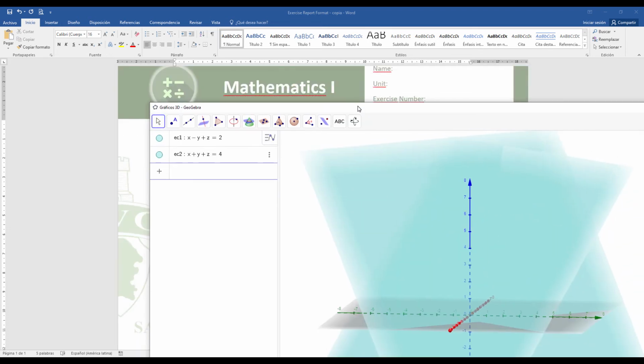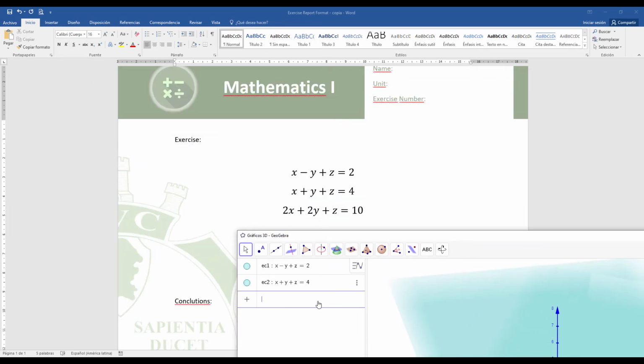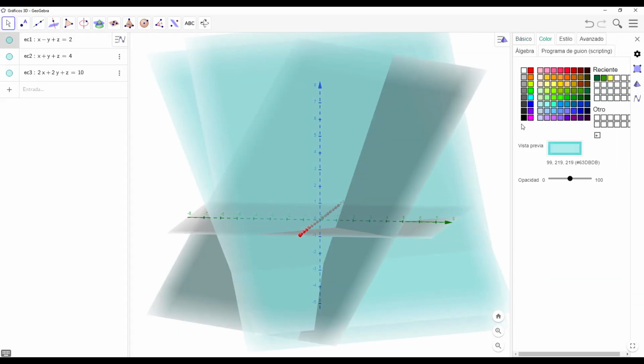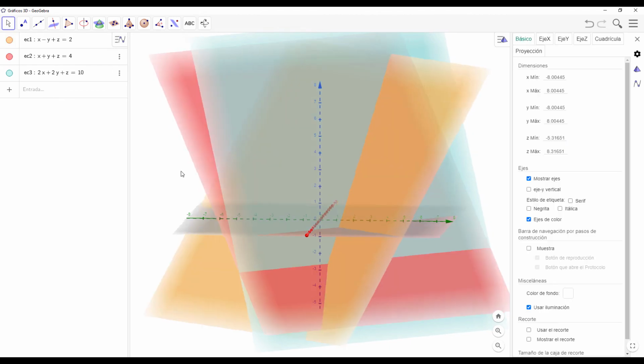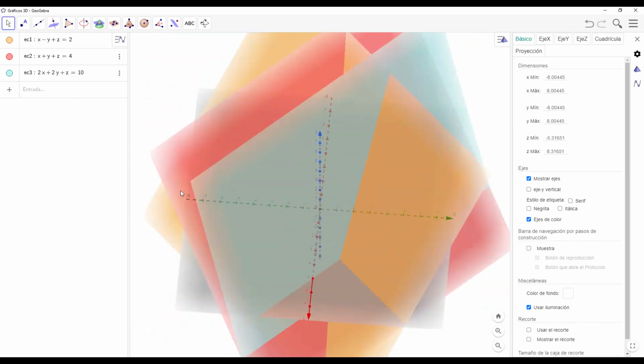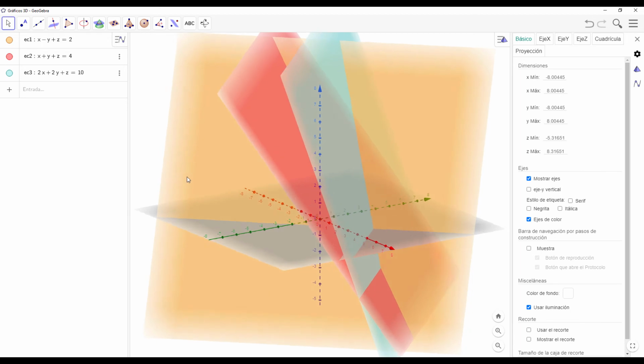I need to change the color, and the last one, 2x plus 2y plus z equals to 10. Now you need to change the color. So you have here the three planes.